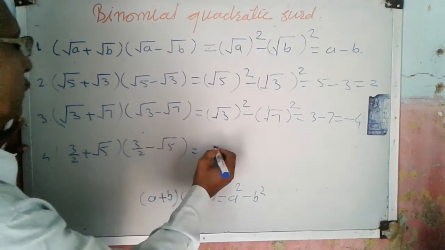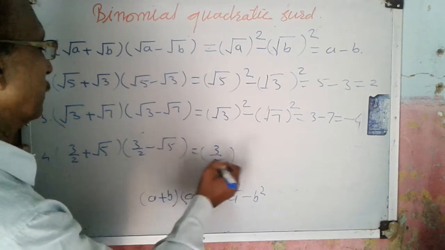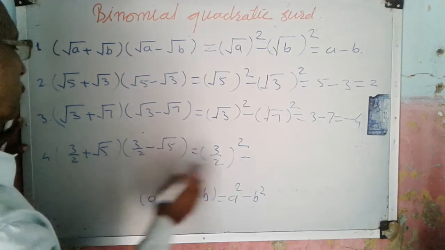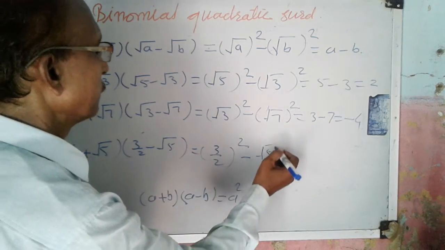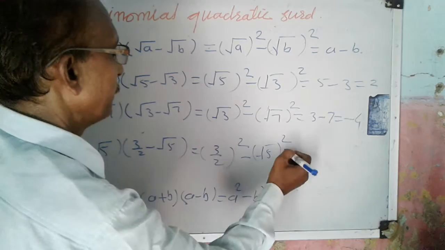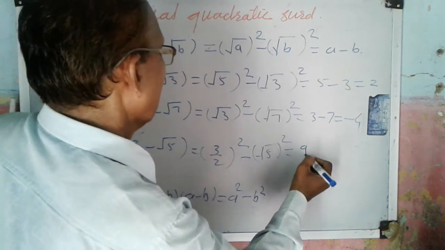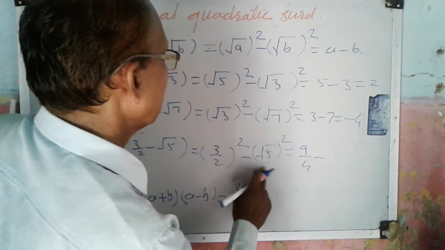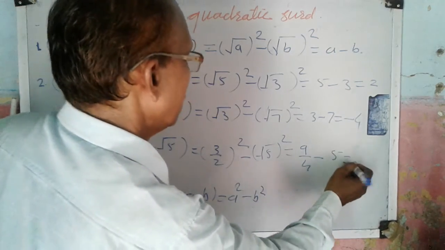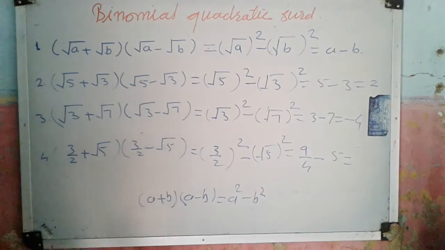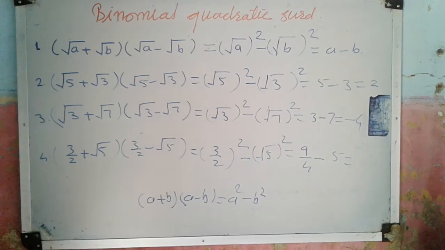And here also (3 upon 2) bracket square minus root 5 square. So this is 9 upon 4 minus 5. So this will get minus 11 upon 4.